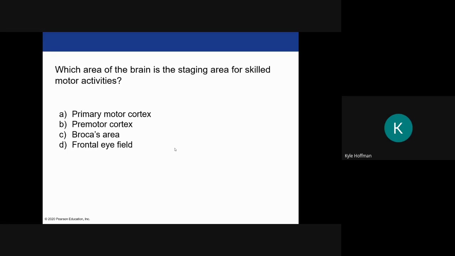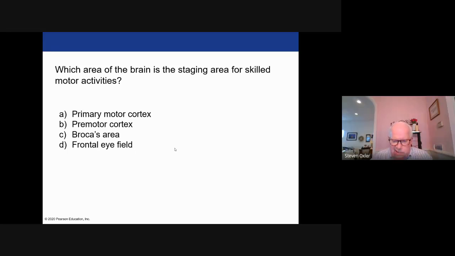The premotor cortex. Yes, the premotor cortex. The area for skilled motor activities is the primary motor cortex, but the staging area is the premotor cortex. Okay.